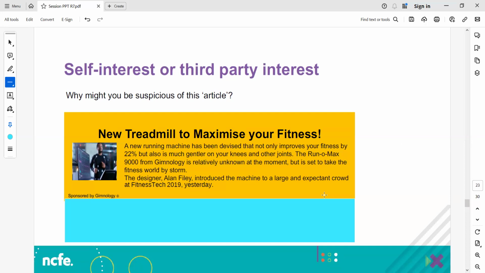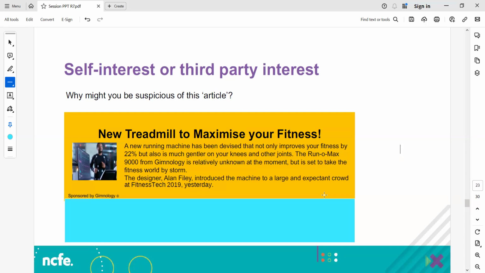So we need to be suspicious if the person or company or product that is being praised in the text is also either the person that's written it or the person who has paid for it to be written. Does that make sense? Yes.